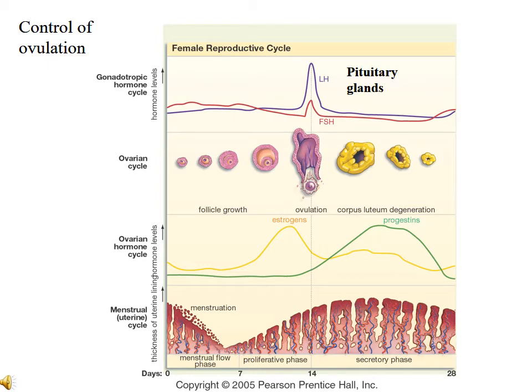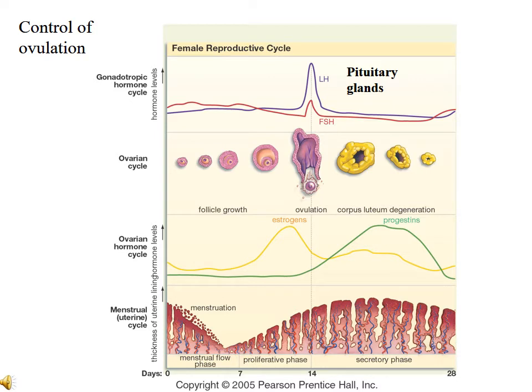And you notice that when they peak, the egg is released. Let me back up. When the egg is released, it is released into the uterine tube, and all this takes place at the peak of LH and FSH.